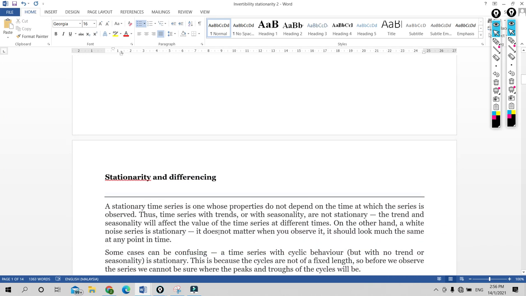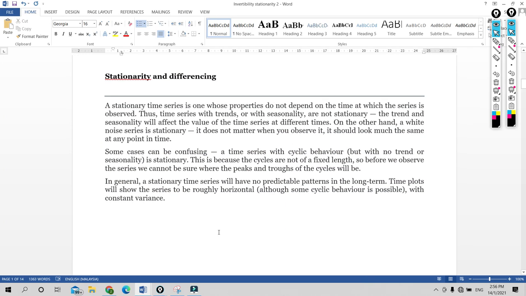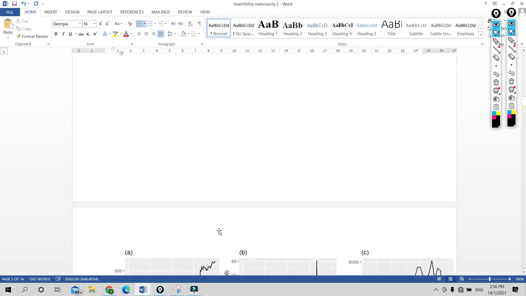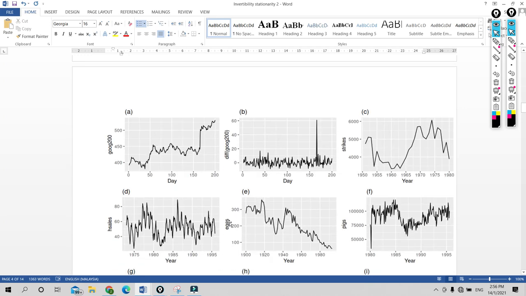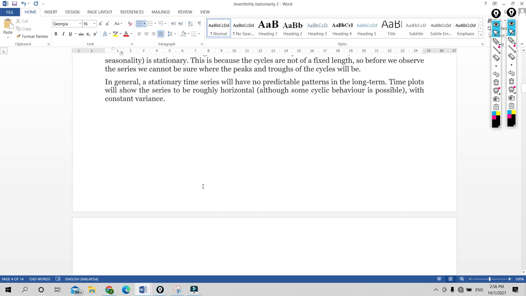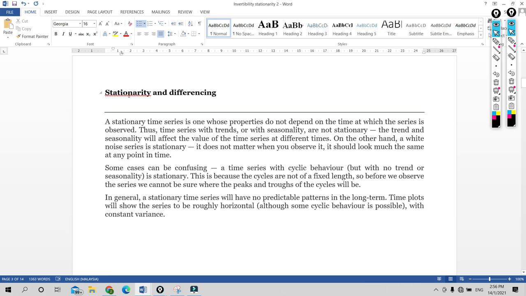Now, just for the revision. Let's say I want to determine the model. I want to determine the stationarity.